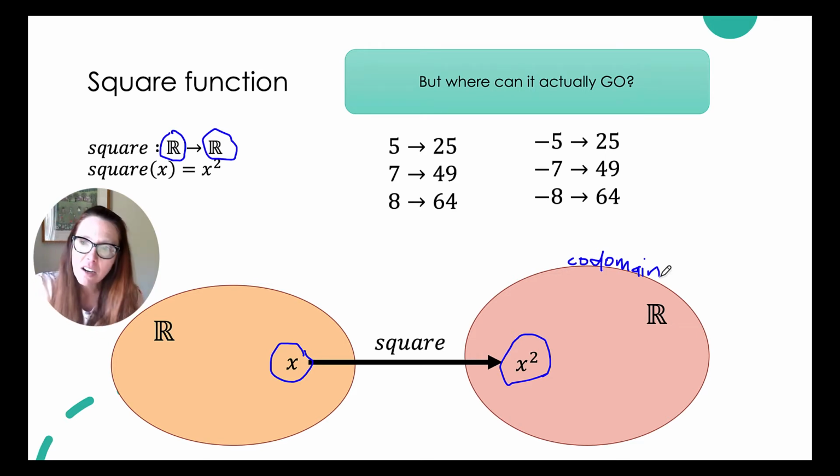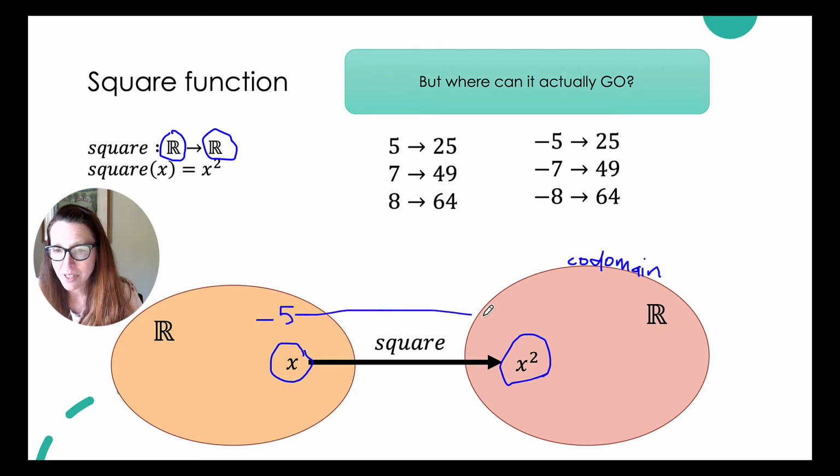I can start from -5. Oh, but when I square -5, I get back a positive number. I get back 25. And when I square -7, I get back 49. And so -5 is going to map to 25.